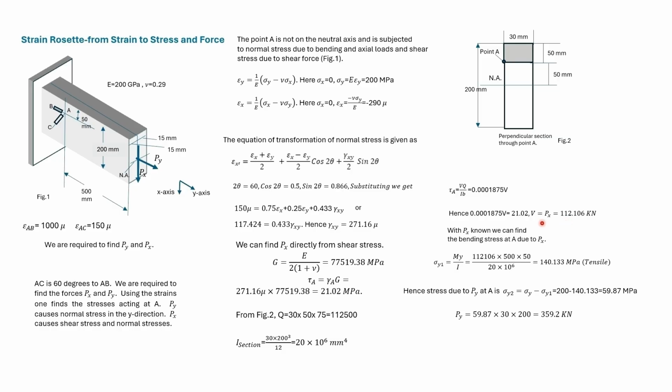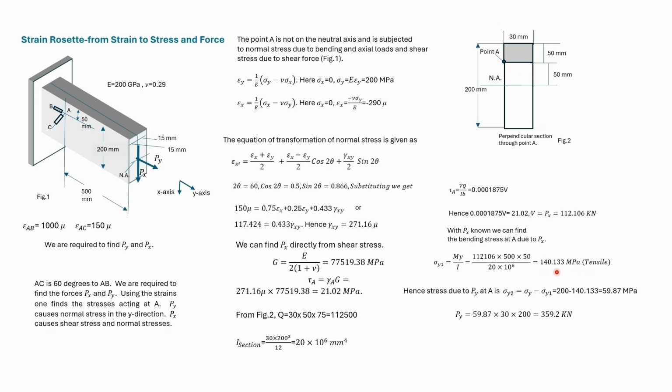Once we know Px, we can find out the bending stress that it causes at A. The moment is Px into this distance. Using My by I, we get the value of the stress.